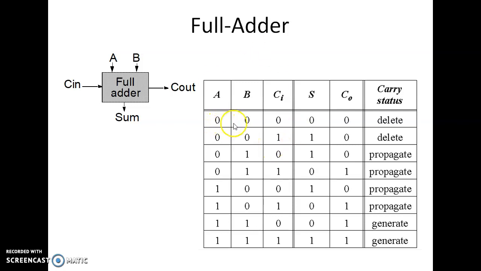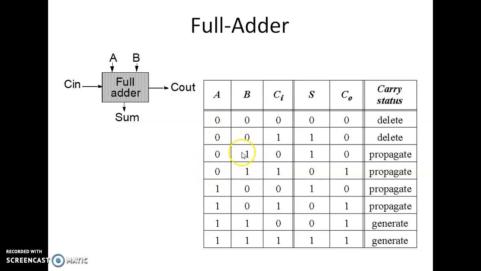If we again analyze the truth table, when a is 0 and b is 0, delete will become 1. D is equal to a bar dot b bar. Similarly, when a is 1 and b is 1, g will become 1. Similarly, in these four cases, one input of a and b is 1 and the other one is 0.